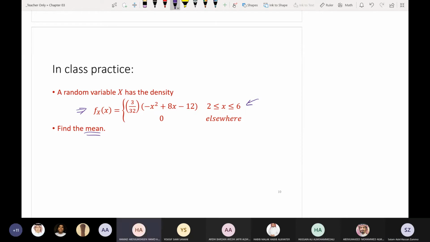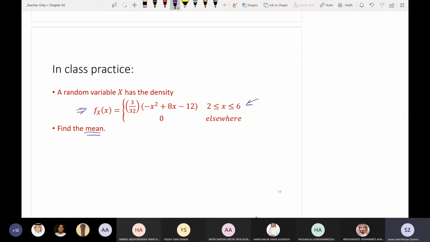4. How did you find it's 4? The middle point. It's from 2 to 6. 6 subtract 2, I get 4. The middle point. And when did we say that the average is the middle point? Where did you learn that?